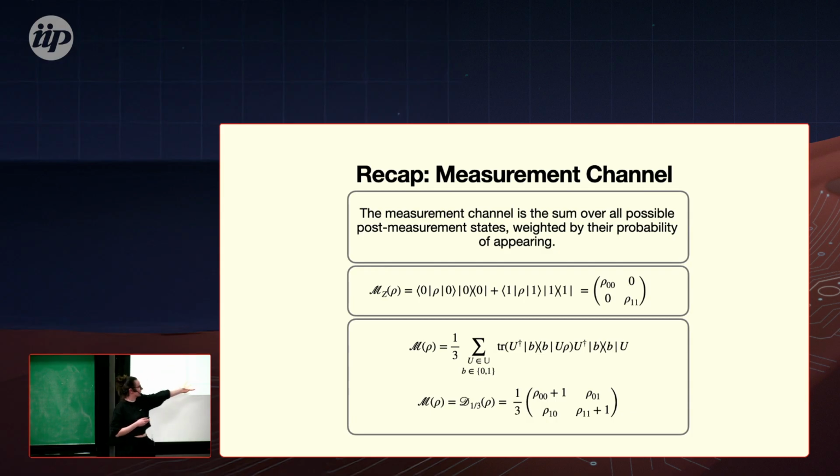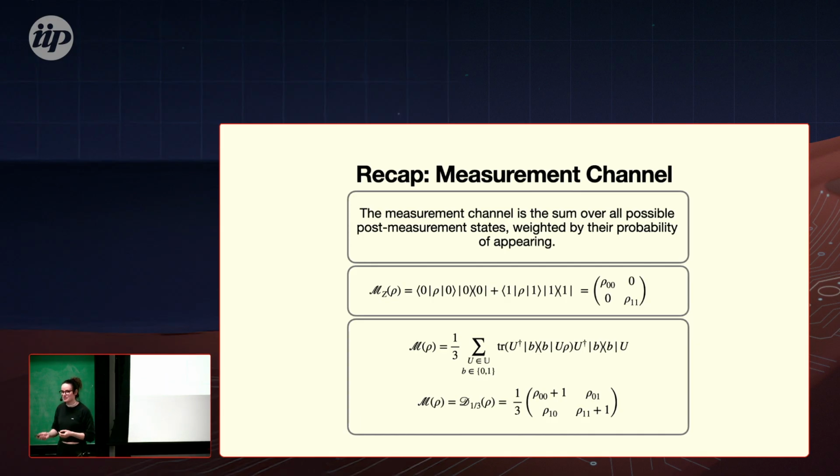We derived that this is the same as depolarizing our quantum state with the depolarizing parameter of 1/3. If we would just write this out, it looks very funny, no? This is the post-measurement state if we would do this infinitely many times with this measurement here.